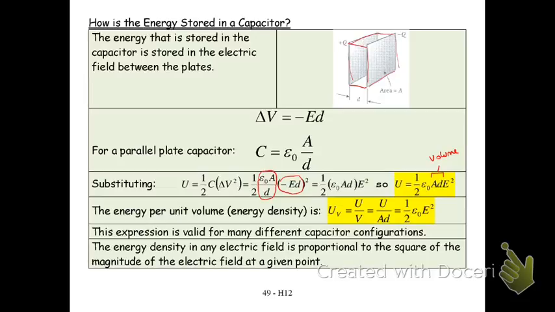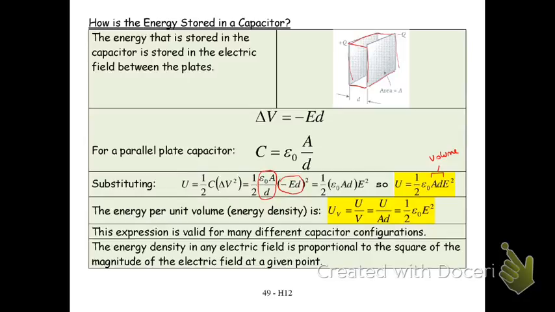That makes sense, bigger capacitor. But more than that, it depends upon the volume. So if I open the gap, as long as I can keep the same amount of charge on there, I get a bigger energy. And also, it depends upon the electric field squared. If I can double the electric field, I get 4 times the energy. If I double the volume, I get twice.